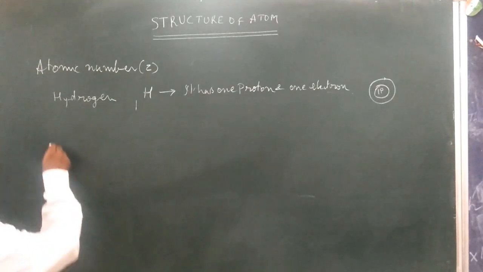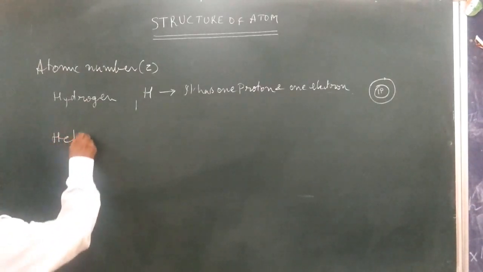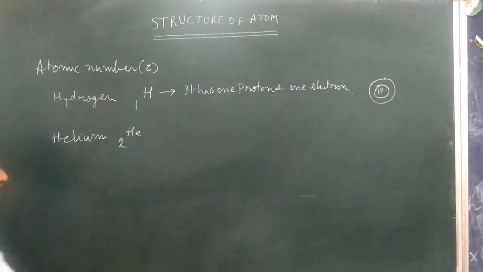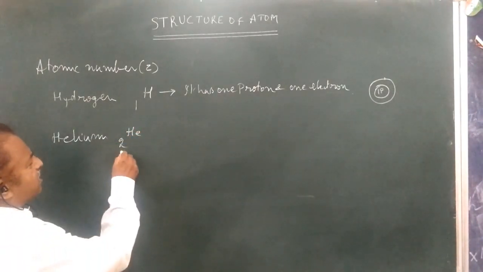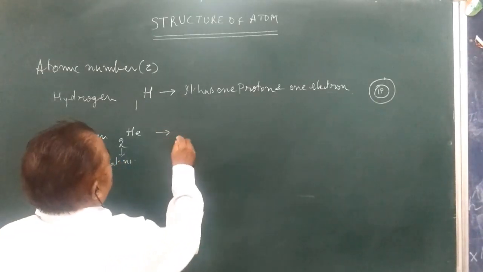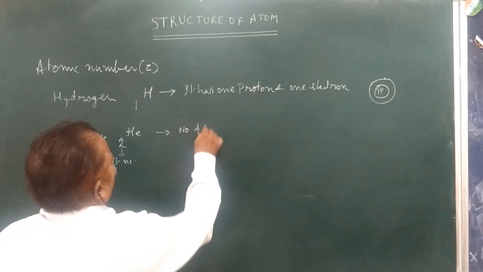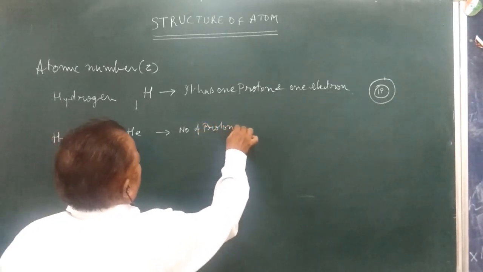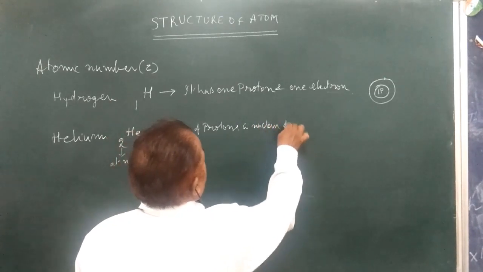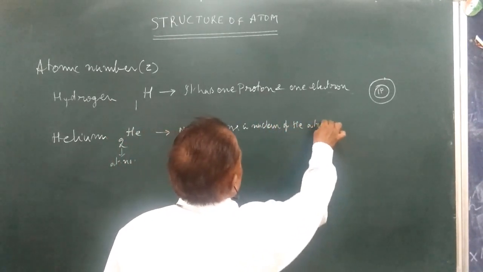Now let us take another example, helium. Helium, symbol He, atomic number 2, which indicates the number of protons present in the nucleus of helium atom is 2.